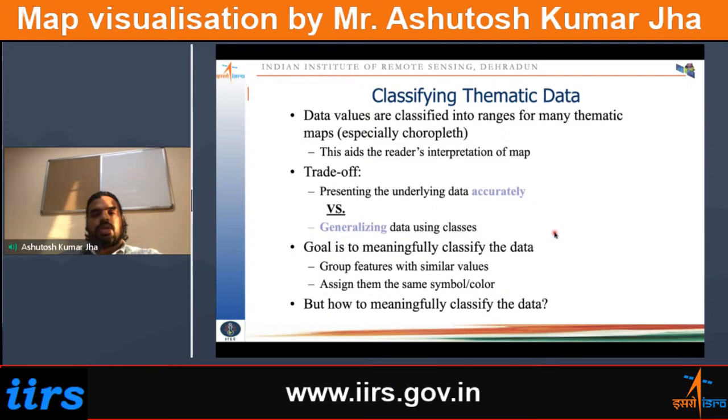Based on the objective of your representation of your data sets, you can look for an appropriate classification technique. But in most cases, we deal with how many classes and what is a meaningful way of classifying the data sets.